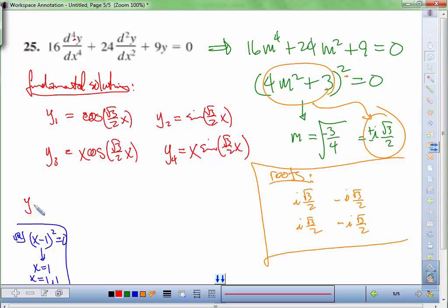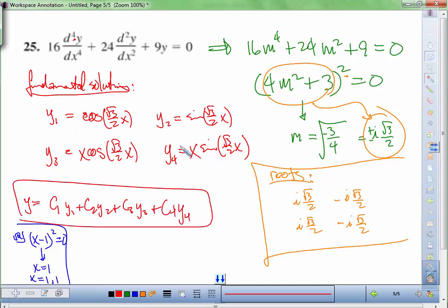So then your y is going to equal C1y1 plus C2y2 plus C3y3 plus C4y4, where y1, y2, y3, and y4 are all these functions.